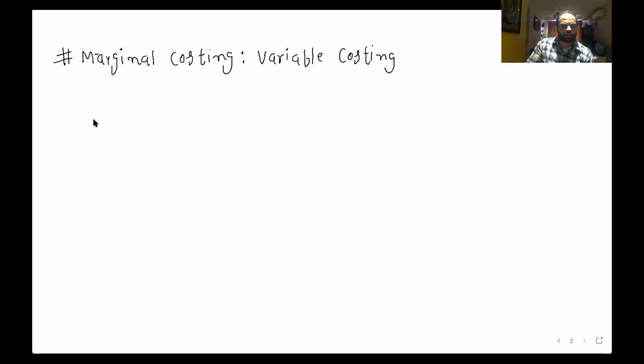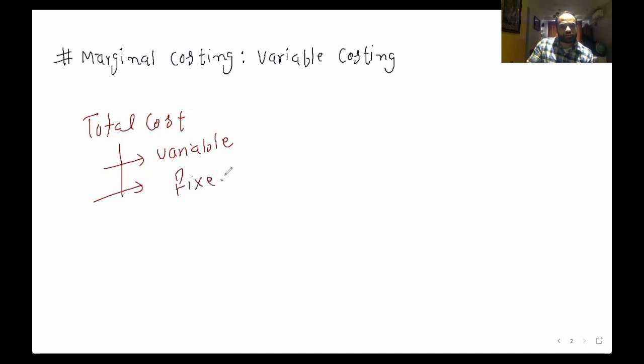So under marginal costing, you know that total cost divided into 2 parts, variable and fixed, right? In this variable, we have manufacturing cost, and we have non-manufacturing cost. All right.